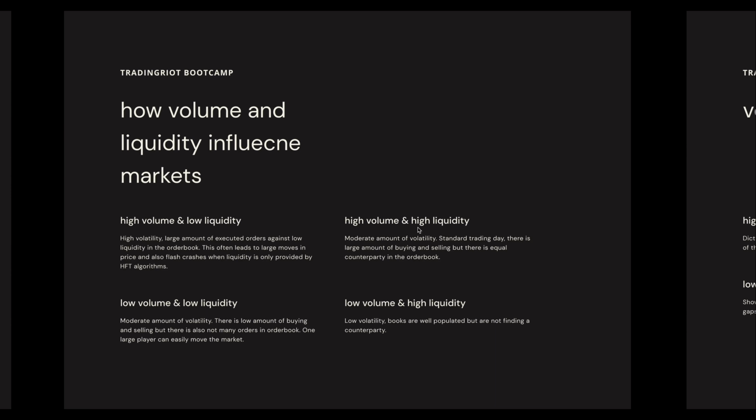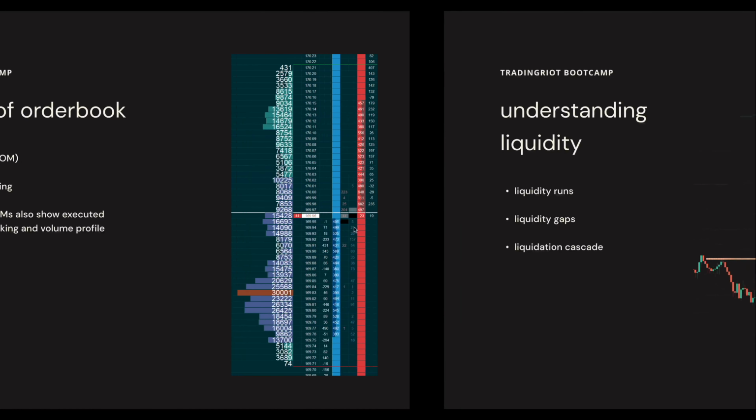High volume with high liquidity, and low volume with low liquidity, signal a moderate amount of volatility. This is basically an equal situation, like bond markets, even though those are a little bit slower.